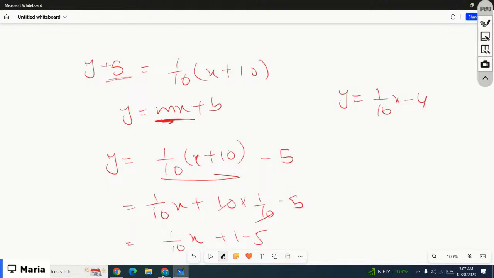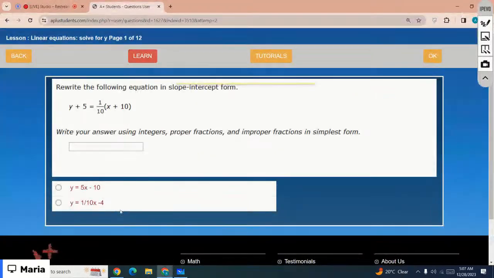You can see now the equation is in the form y equals mx plus b, m is 1 over 10 and b is negative 4. Got it? So the correct option is y equals 1 over 10x minus 4. Option number 2 is the correct option.